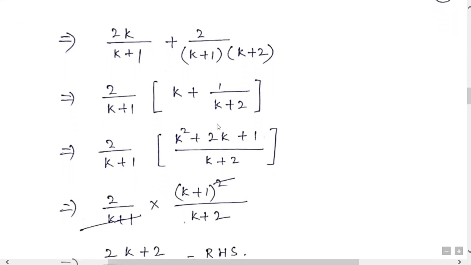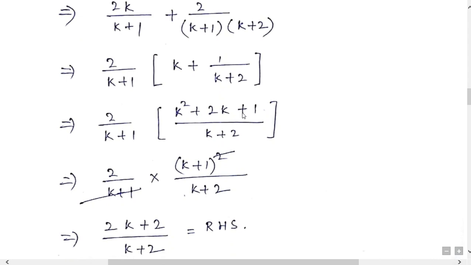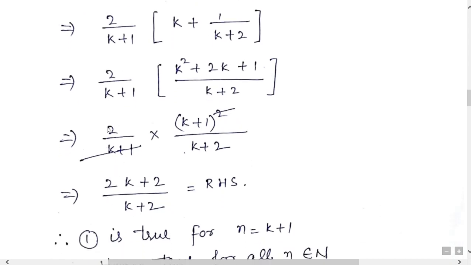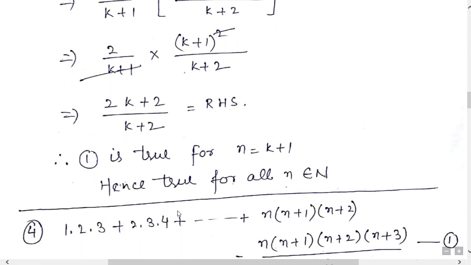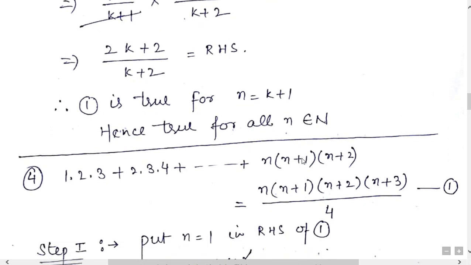Then take LCM: k square plus 2k plus 1 divided by k plus 2. It's k plus 1 whole square. One term of k plus 1 cancels, and the remaining term is 2k plus 2 divided by k plus 2. It is equal to the right hand side. Therefore, number 1 is true for n is equal to k plus 1. Hence, true for all n belonging to natural numbers.